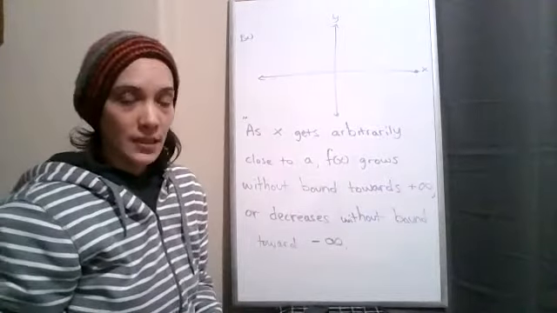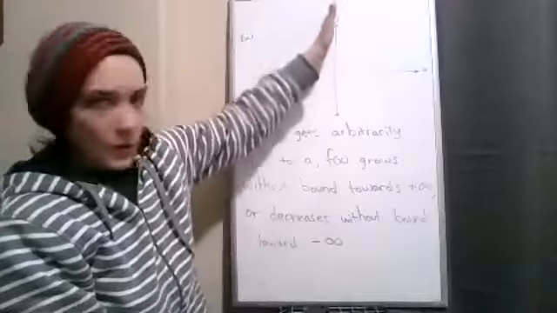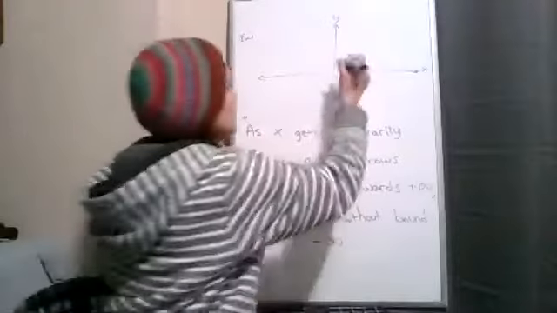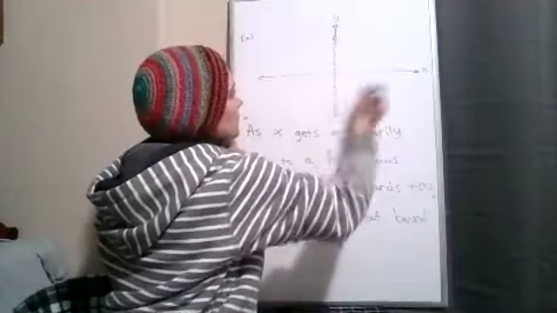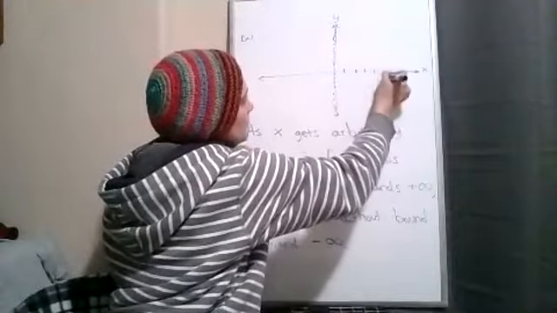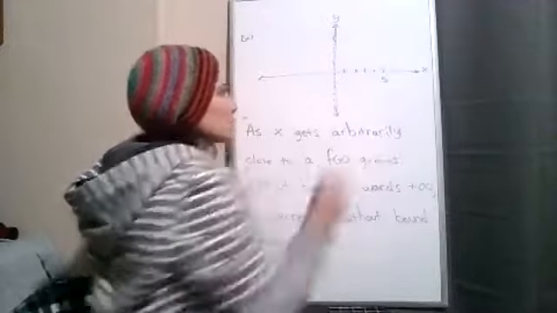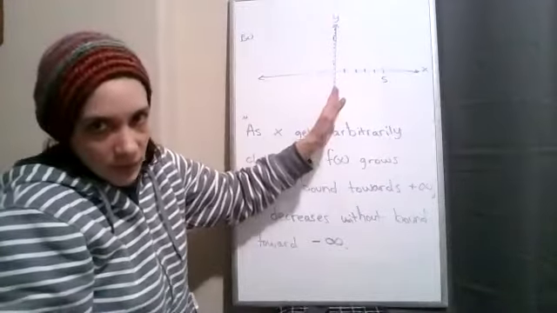Okay, a vertical asymptote at 0 and 5. So the input 0 will not have any output for that function.